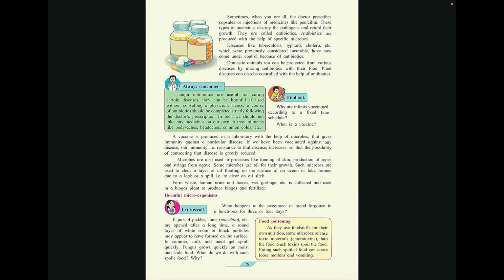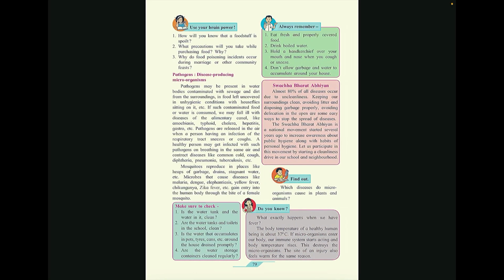Why does this happen? Because some microbial activity has happened in that food, and we consumed it. Because of that we feel that kind of anxiety, and this happens because of harmful microorganisms. Many kinds of disease can happen because of these harmful microorganisms.